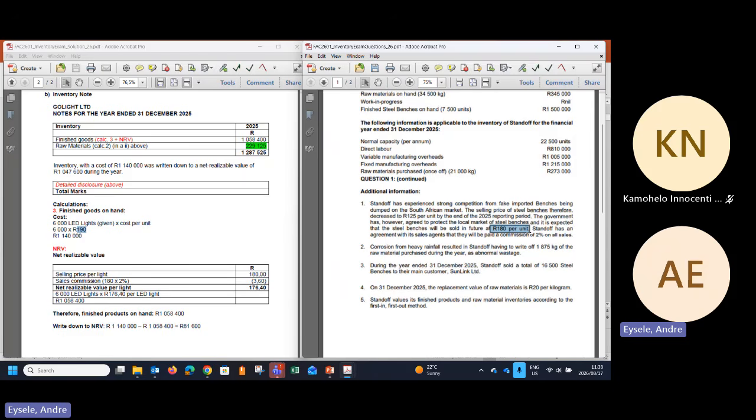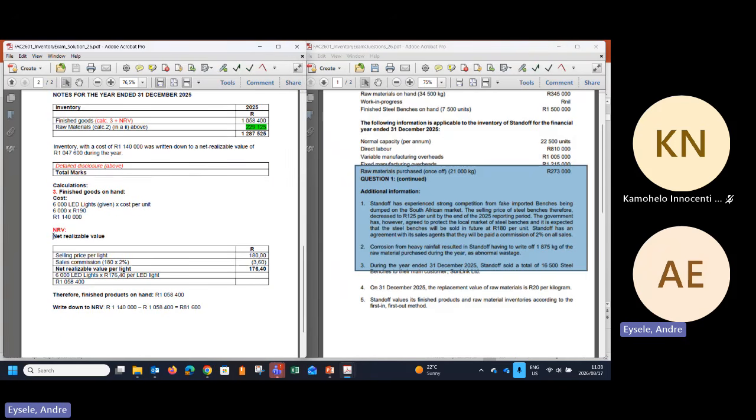That is our current selling price. And we need to take off a commission of 2%. So to determine the net realizable value, you need to take into consideration, based on reliable evidence, what you expect to realize from the steel benches in the future. And you need to take that off.